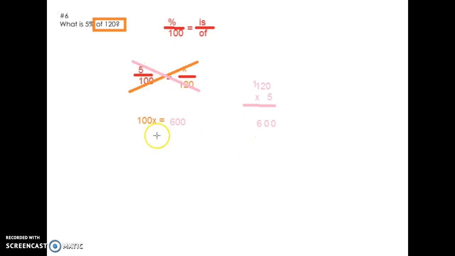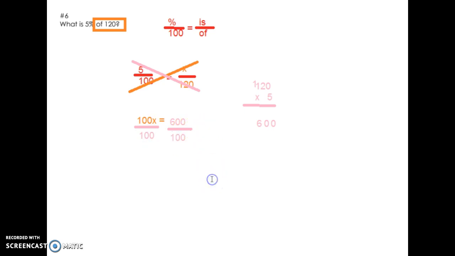So the whole goal of this is to get x by itself. In order to do that, I have to divide by the number that's next to x. What number is next to x? Say it with me, people. 100. Thank you. So we're going to divide by 100 here, and we'll also divide by 100 here.